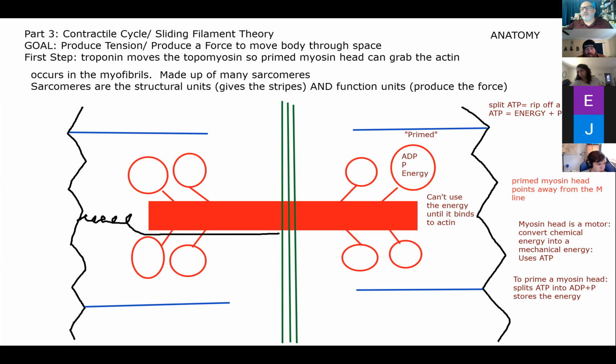But what we also need to remember is, again, we have that regulatory protein, the tropomyosin, which is blocking the binding site, and its handle, the troponin. All right. Questions on this?